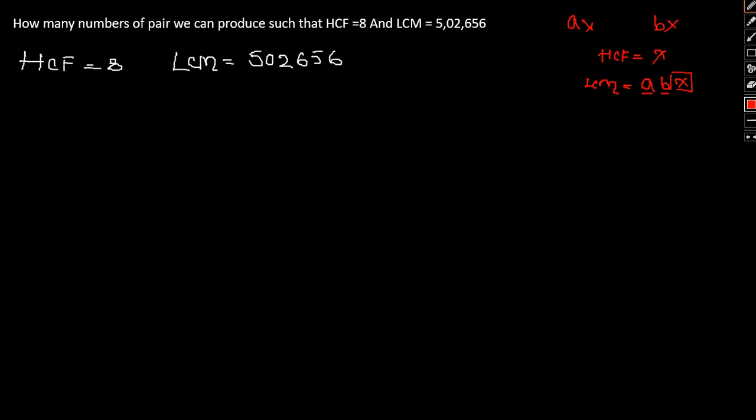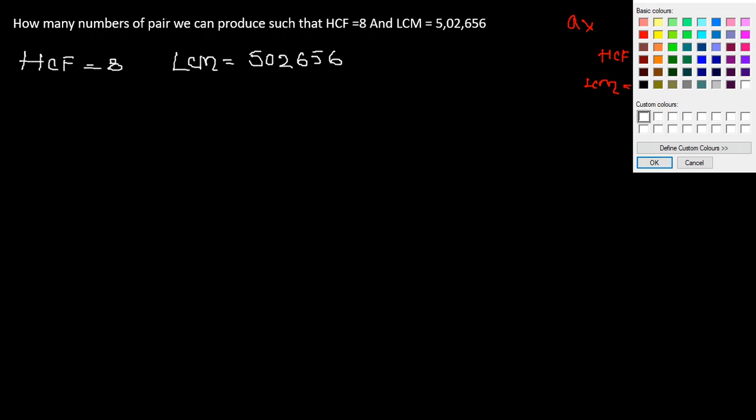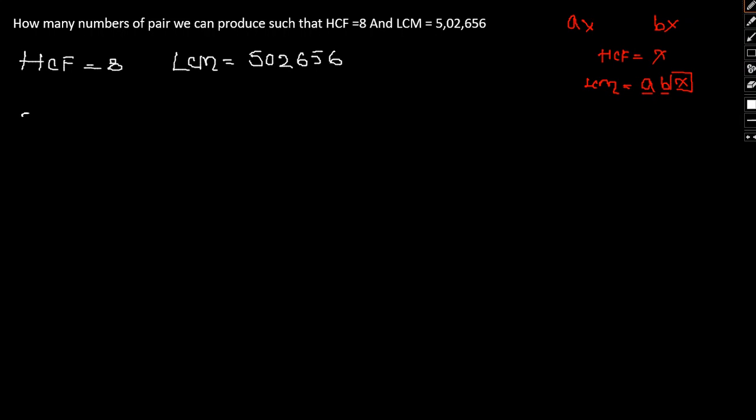Now we can use the similar concept in this question as well. So we have 8 as the HCF and let A and B be the co-primes, and this will be equal to the LCM 502656. Simply we use this concept.